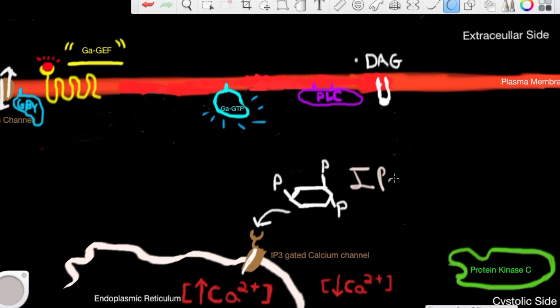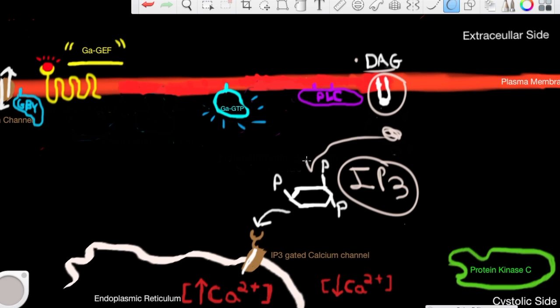DAG, being diacylglycerol, stays associated with the plasma membrane because, like I just said, there were 2 fatty acid chains associated with the PIP2, and now it has become DAG. As far as the IP3, once that's cleaved and the polar head group is now free to roam around, it goes through the cytosol side of the cell, and it binds to the IP3 gated calcium channel, which is located on the endoplasmic reticulum.